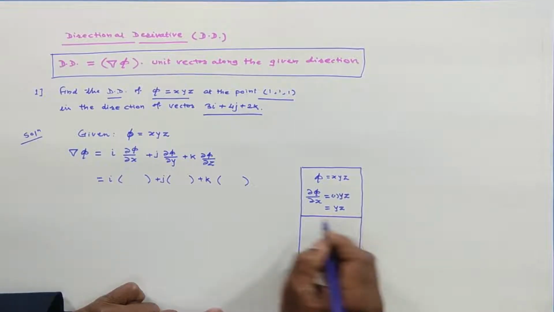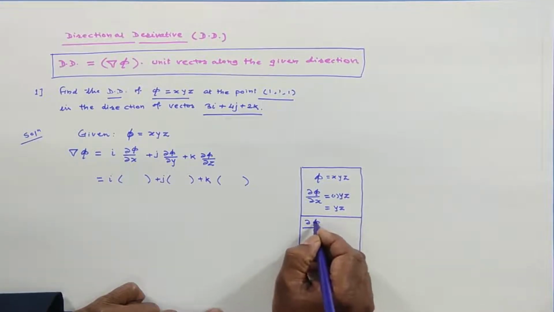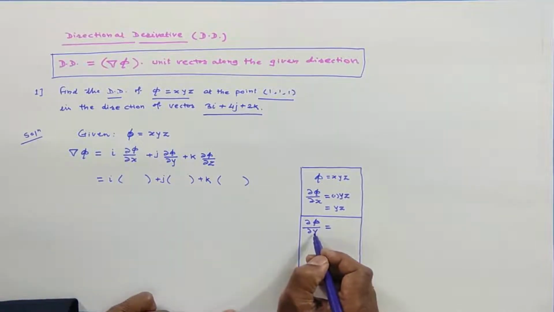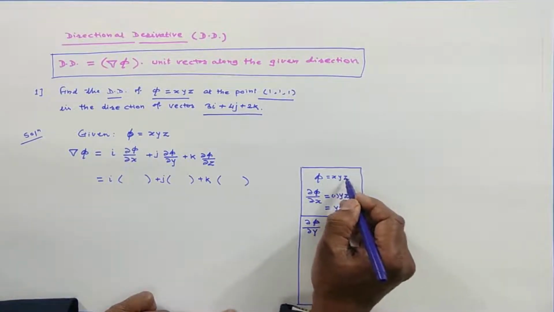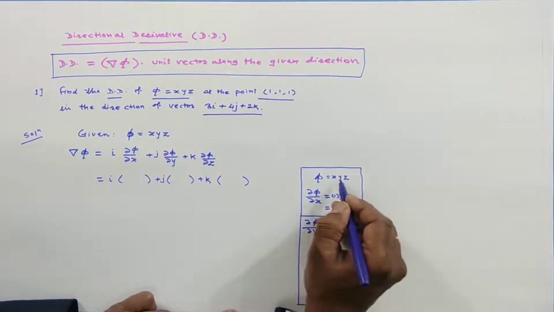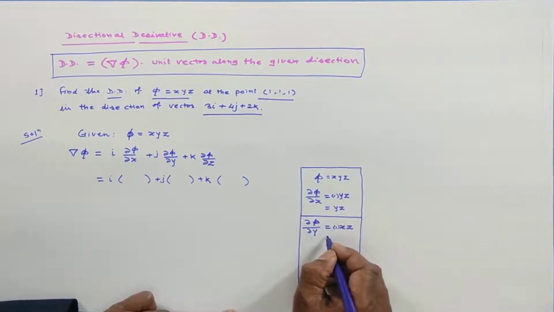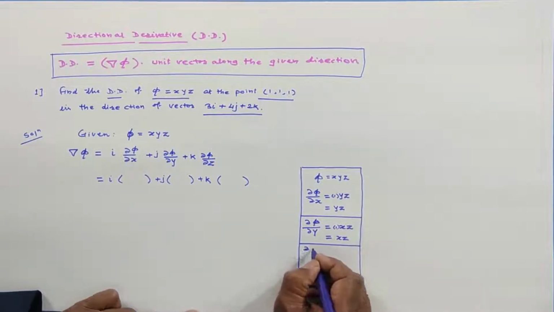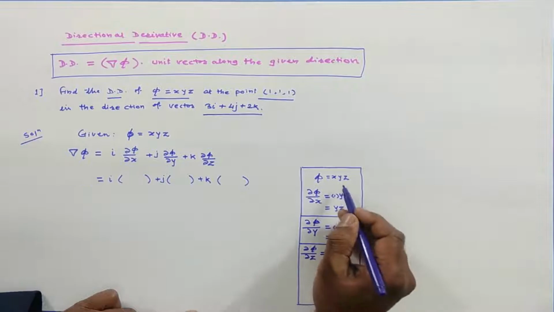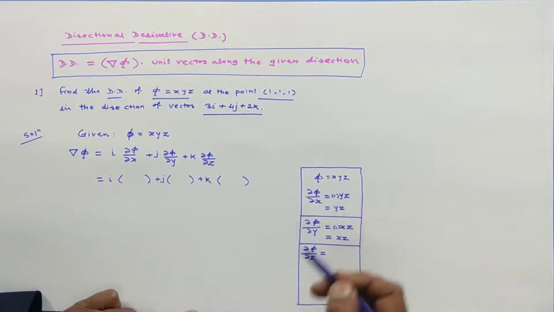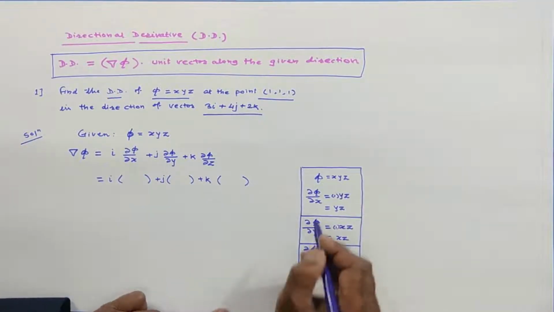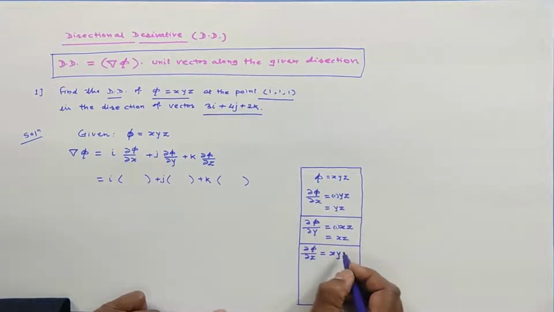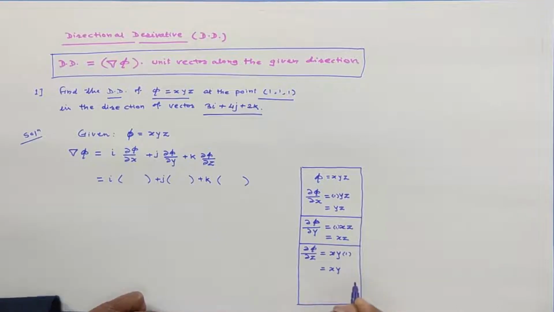Now del phi by del y: derivative of phi with respect to y, keeping x and z constant, and the derivative of y is 1. So xz is del phi by del y. Del phi by del z is the derivative with respect to z, keeping x and y constant, and the derivative of z is 1. So del phi by del z is xy.